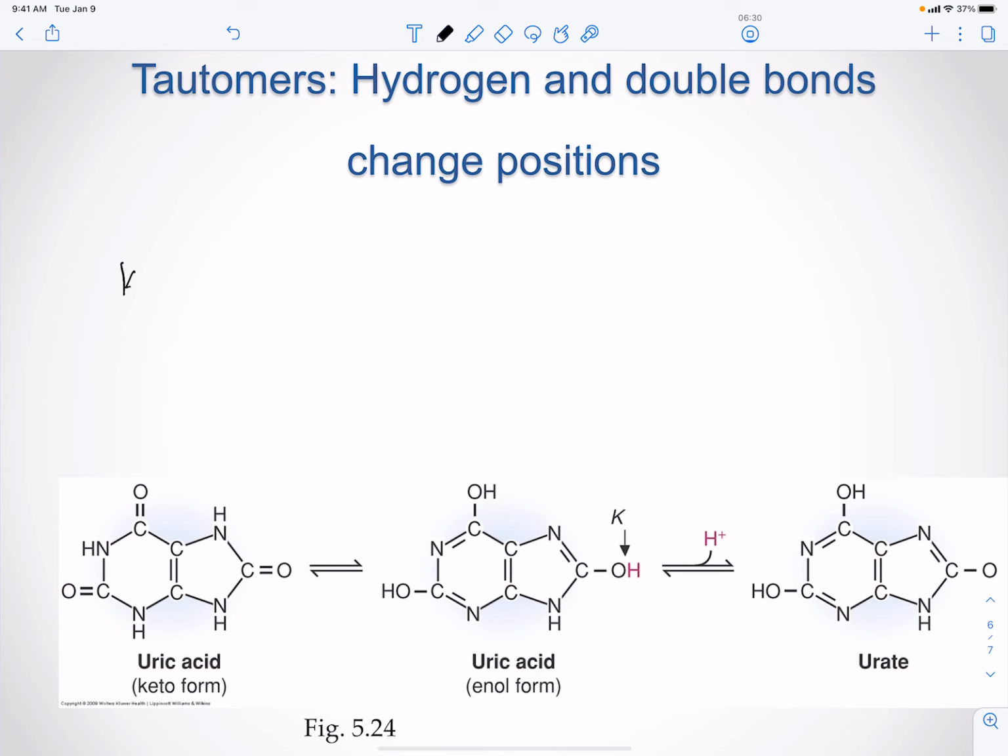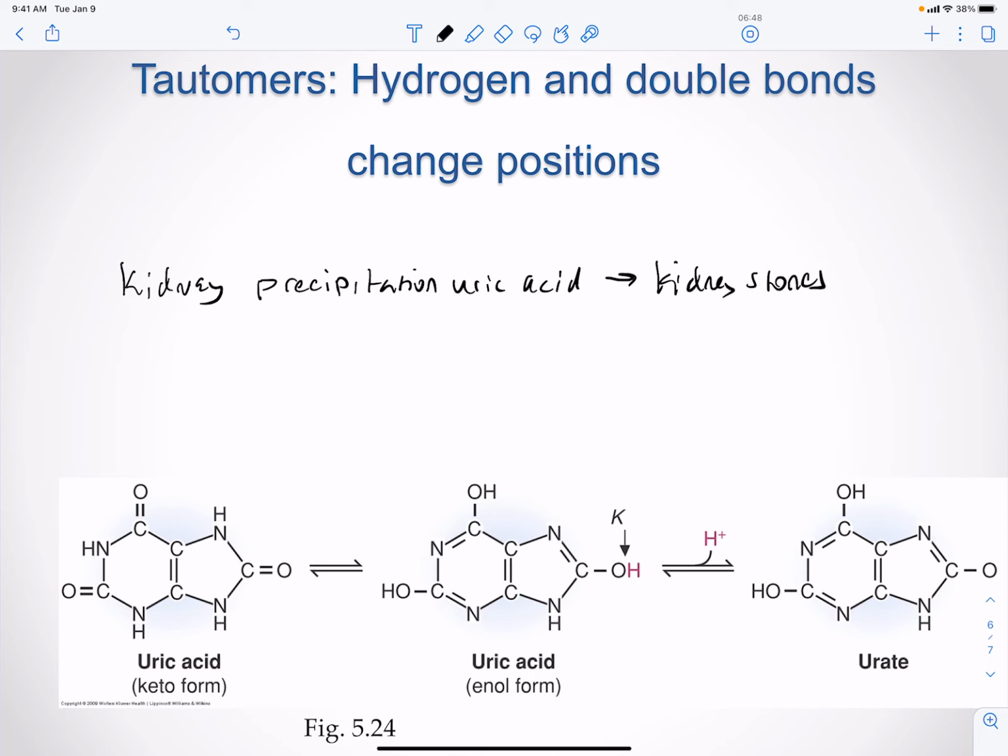So in the kidney, you're going to have precipitation of uric acid and this is going to give you kidney stones. And if you have uric acid in your blood, this is going to become urate crystals, and this can get deposited and lead to gout.